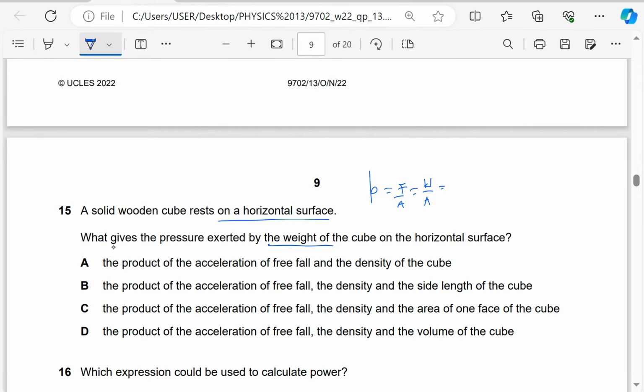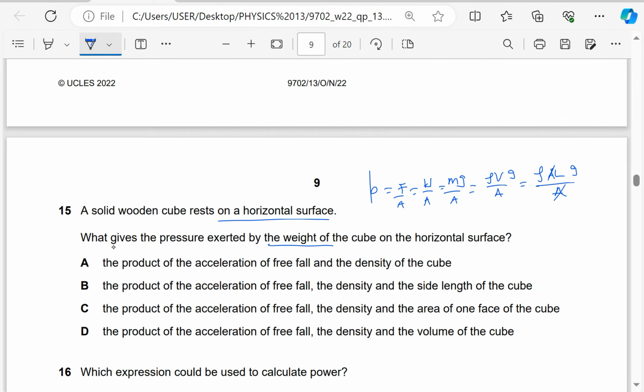The weight is normally given by m times g, then we divide this by the area. Then, if we don't have the mass, we know that mass is density times volume, then times g divided by the area. And if we don't have the volume, volume is cross-sectional area times another length, then times g divided by the area, where here the area cancels.